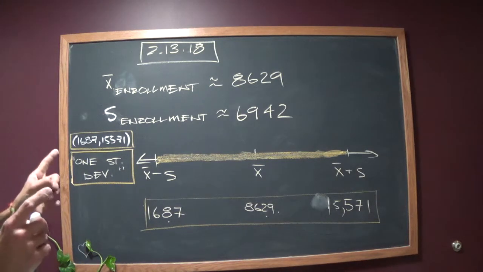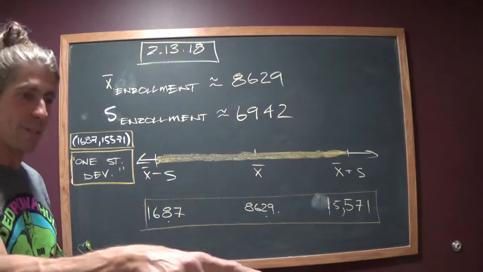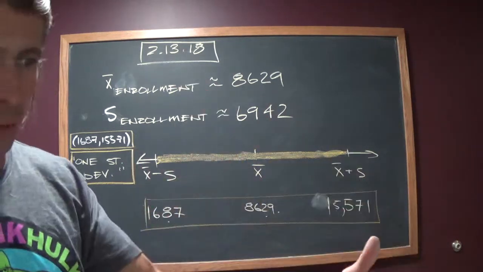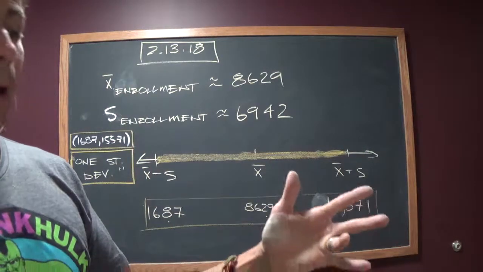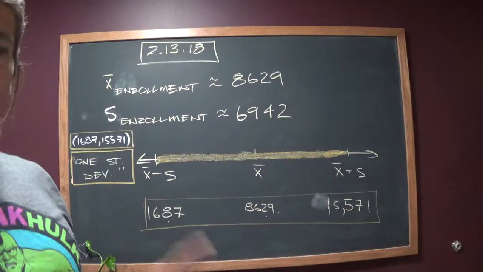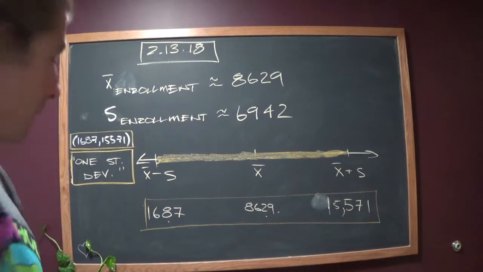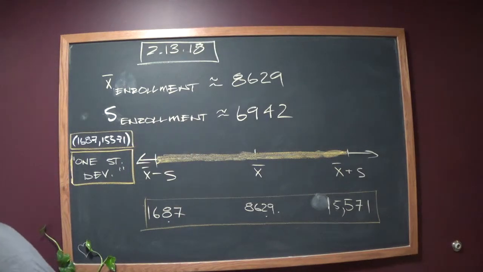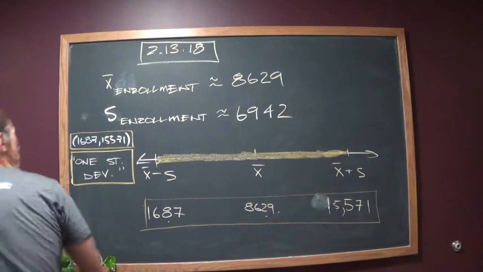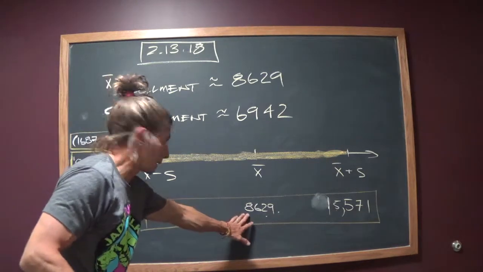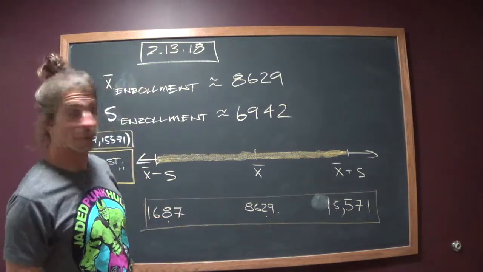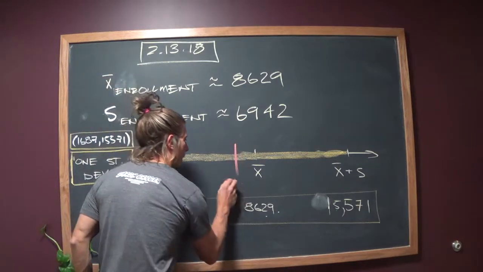Now, the question in part F, because D was calculate the average and E was calculate the sample standard deviation, F is: a school with an enrollment of 8,000 would be how many standard deviations away from the mean? Well, I'm going to drop that school onto our little graph here. 8,000 would be to the left of the average. I'm going to slap it right here.